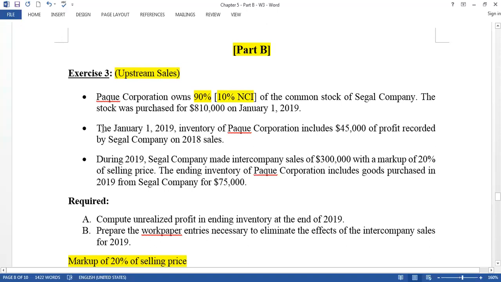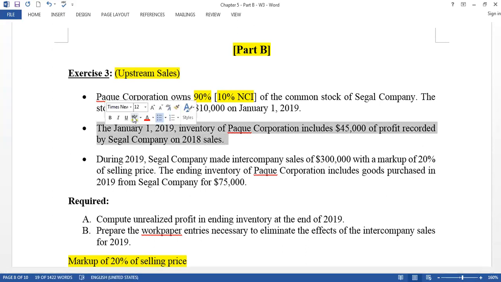Read the second part of the question. It said that January 1st, 2019, inventory of parent company includes $45,000 profit recorded by Seagull company on 2018 sales. This is a very important point, and you may have a chance to make a mistake. Look at the year. 2019 inventory includes.